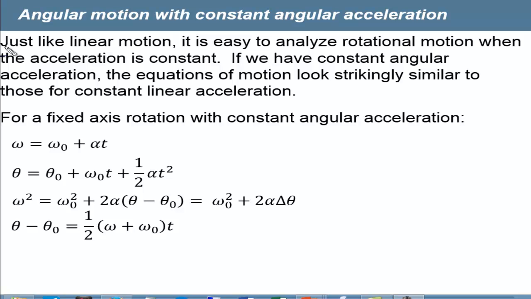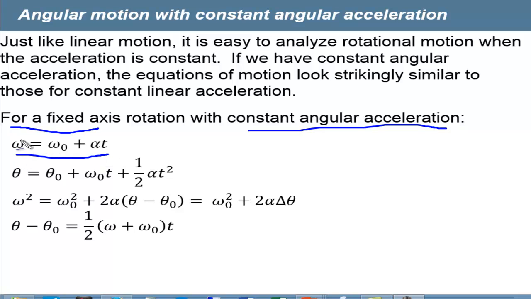So if we have a fixed axis, something rotating about a fixed point with a constant angular acceleration, we have the following equations, which hopefully look like some other equations you remember from chapter 2 and chapter 3.